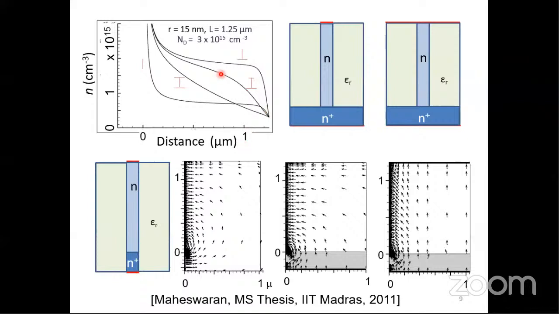For example, if you have a wire without contact extensions, contacts restricted to the wire diameter, then you have something like this with a flat portion. But the moment you start extending the contact size, your carrier concentration goes on increasing. You can see that.